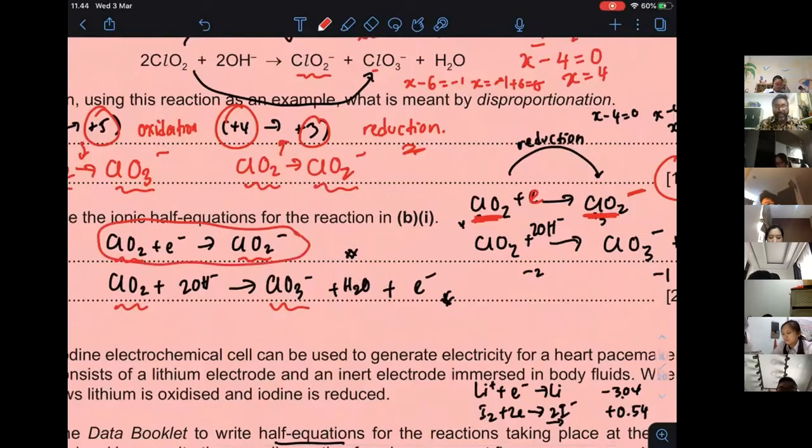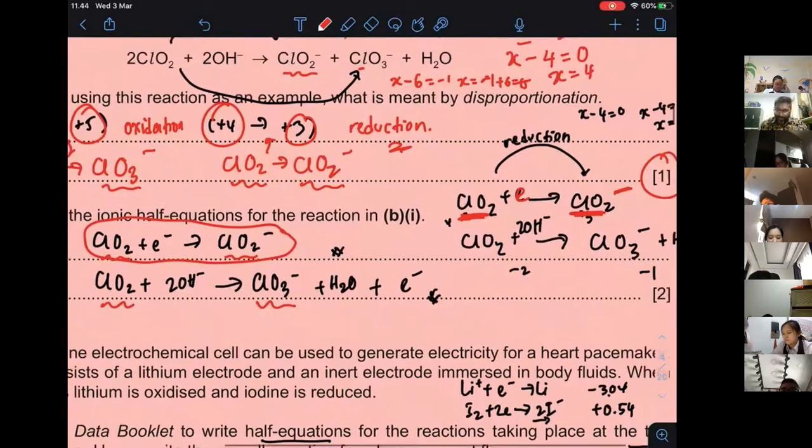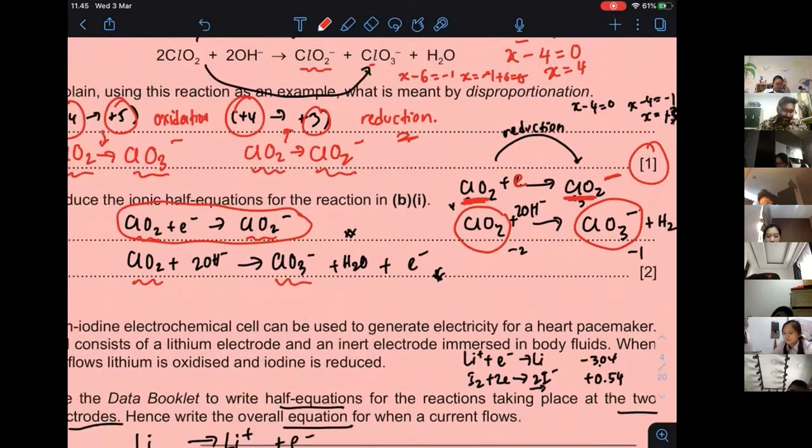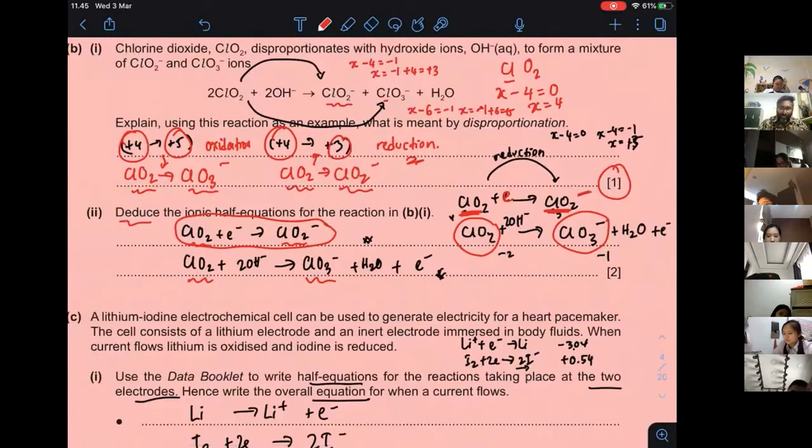Very easy. But the second half equation maybe needs extra work. What is the extra stuff that I need to do? Because there is ClO2 and there is going to be ClO3 minus, there is going to be one more extra oxygen. But again, they say deduce. Don't simply do something new.